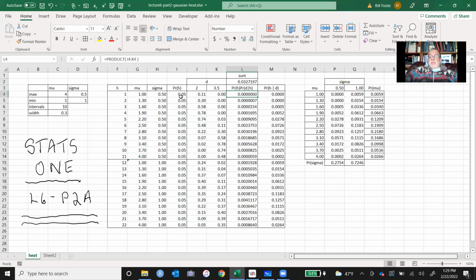So take this probability plus this one, plus this one, all the way down to the bottom. And we now have the total probability of seeing the data D. Now we take each of these and divide by that sum 0.03, and we get the probability of a hypothesis given the data.